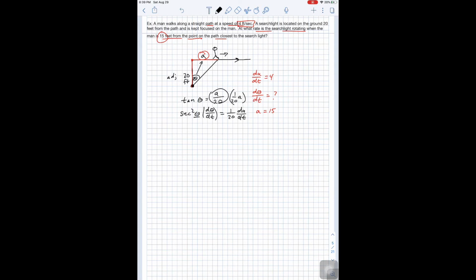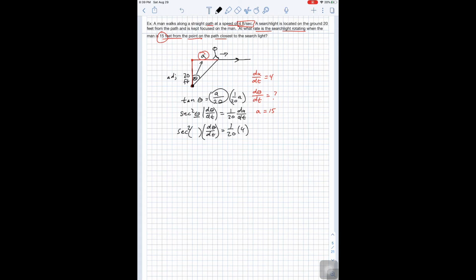d theta/dt, that's what we're looking for. dA/dt is 4. Now, I don't know what theta is. And if I don't know what theta is, then I've got too many variables.